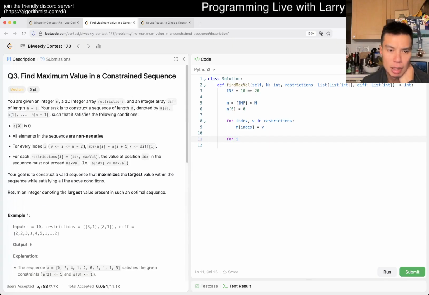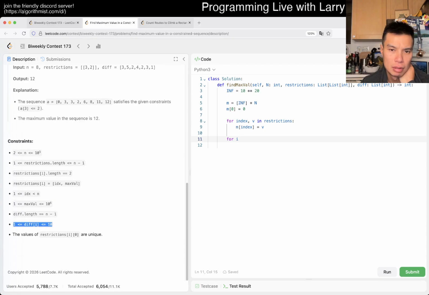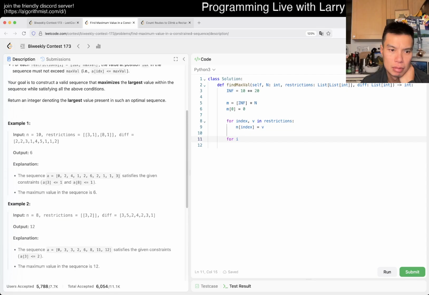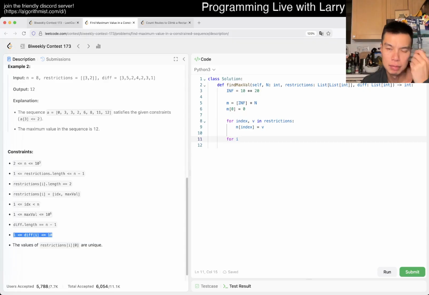I mean, it does simplify things a lot. I'm trying to think whether I can DP as a result of that. No, that's basically what I was doing anyway.